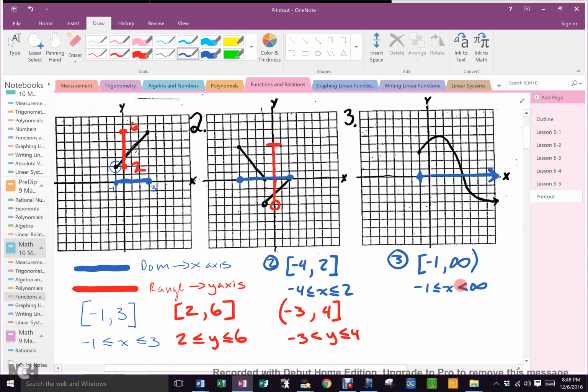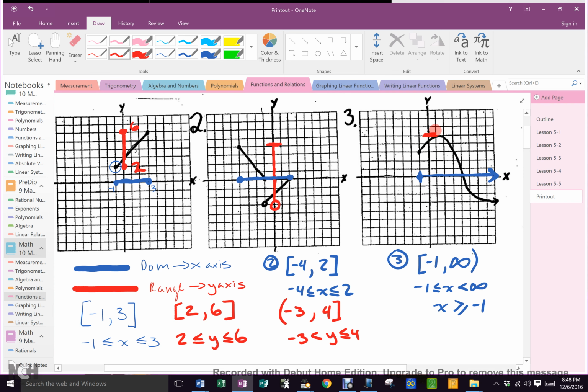There's another way to write this one: x is greater than or equal to negative 1. That now covers every x greater than or equal to negative 1. My range is a little trickier because you always want to start here, but you're not looking at that point. You can see the range goes up higher.